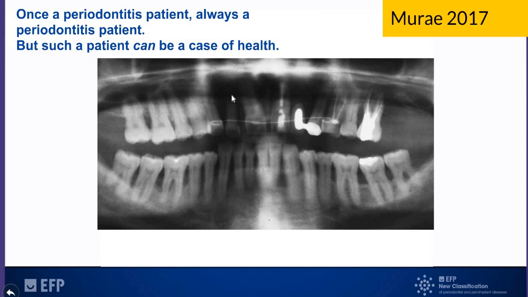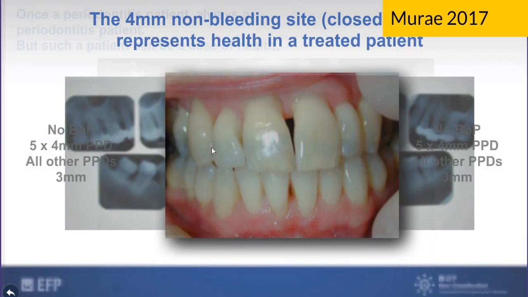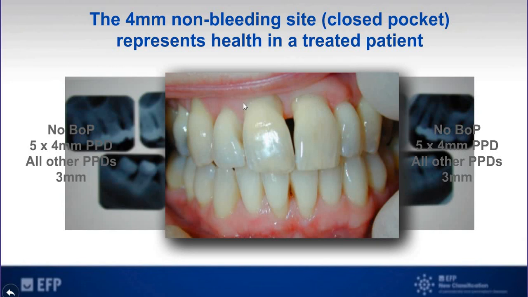That's how we can get a health case which was previously periodontitis. When you see this case, it's normal, it's healthy. There's a pink color gingiva, the pocket depth is 4 or less than 4 millimeter, and there is no bleeding on the pocket sites. So it's a closed pocket. It's in a remission case. It's in a healthy state.